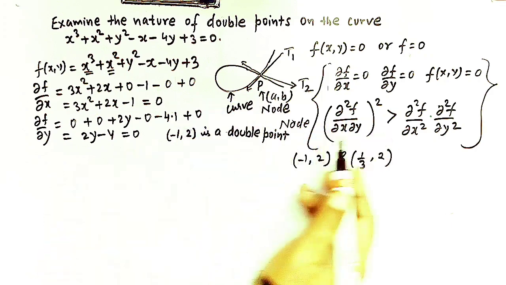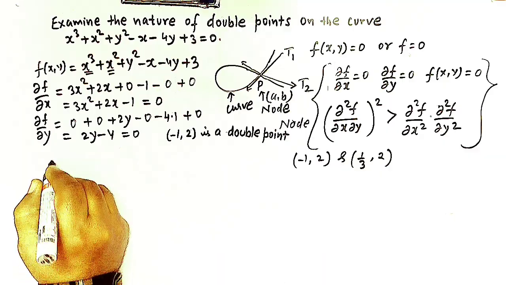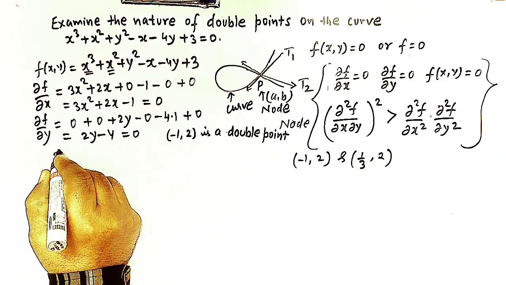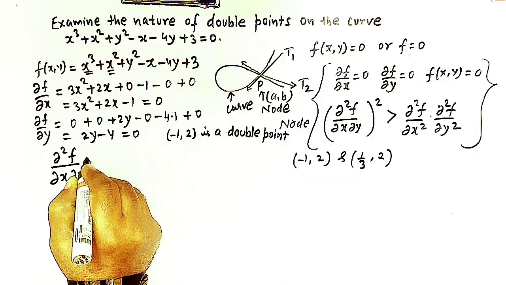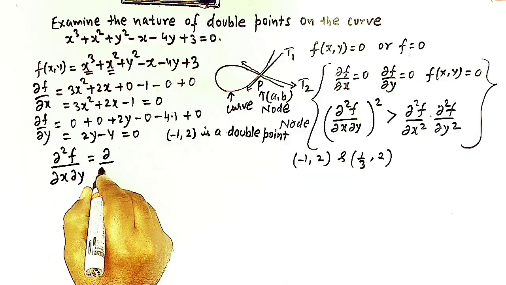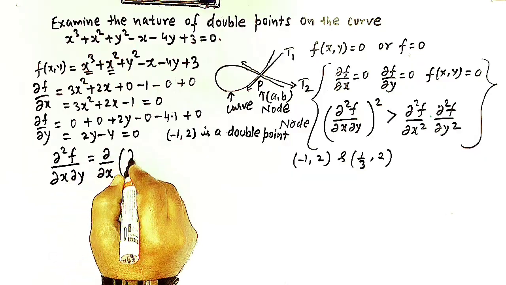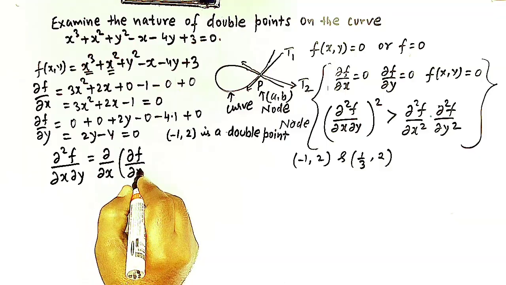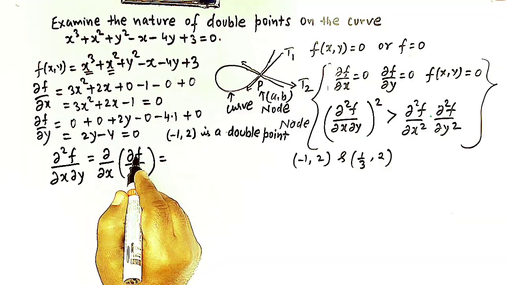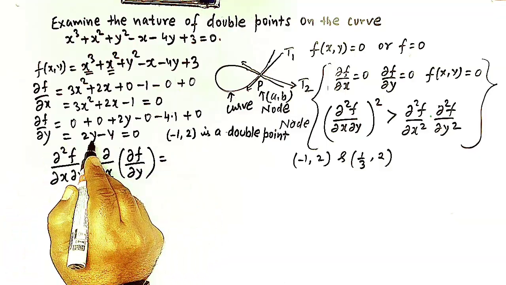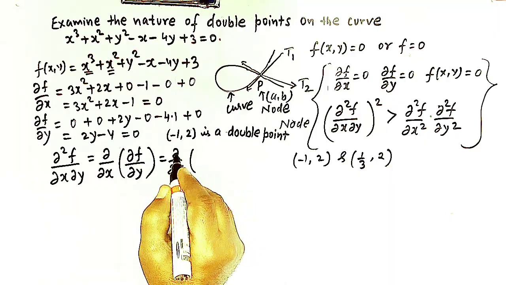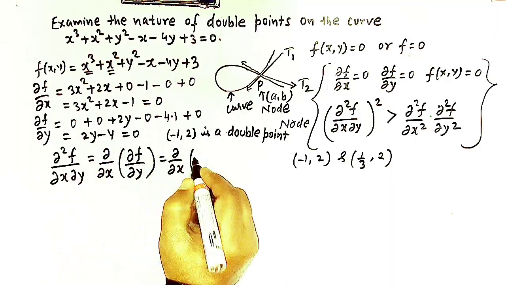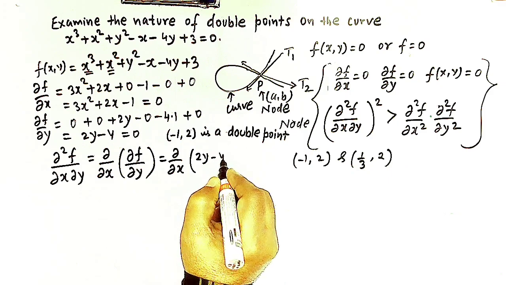So let us now find out this expression, that is, the partial derivative del square f over del x del y. So we can write it like this: del over del x, and here we have del f over del y, right? Now del f over del y is 2y minus 4, right? So del over del x of 2y minus 4.